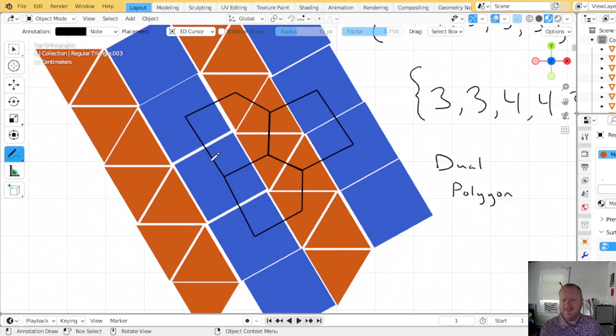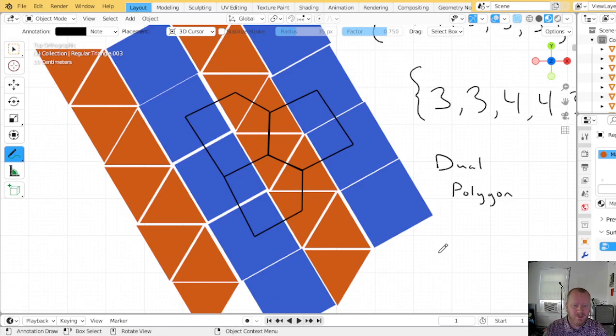So let's just look specifically at this one over here. This dual polygon, this pentagon right here, doesn't have a full square, but you can see that it's got 1/4 of a square.